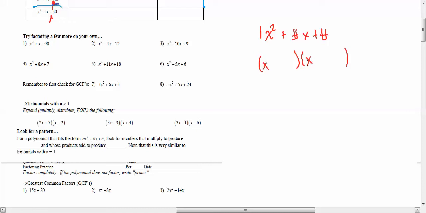That doesn't need to be the case. There could be a number out in front, like a 4. That will change this, and you can't just assume that there's an x and an x here, because this number times that number has to give you that number.